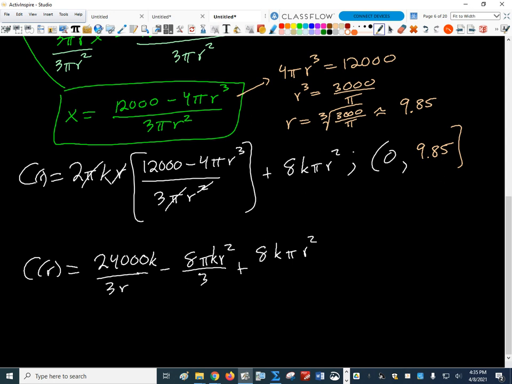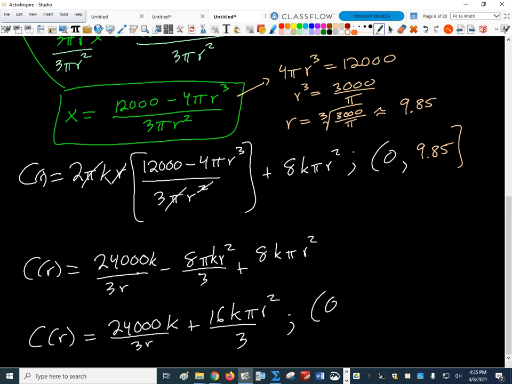So I'm going to get a 16/3 k pi r squared when I combine those. Okay, let's go to the next page and do the calculus on this.